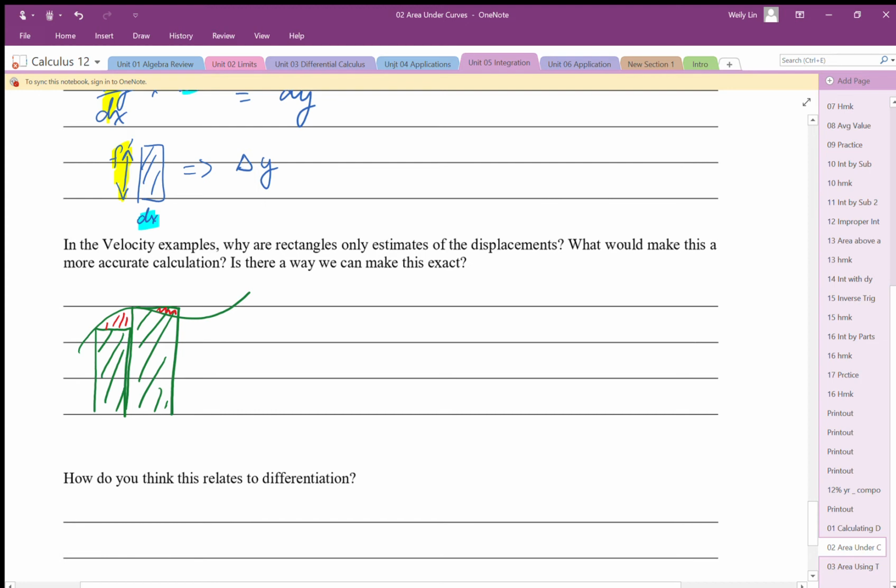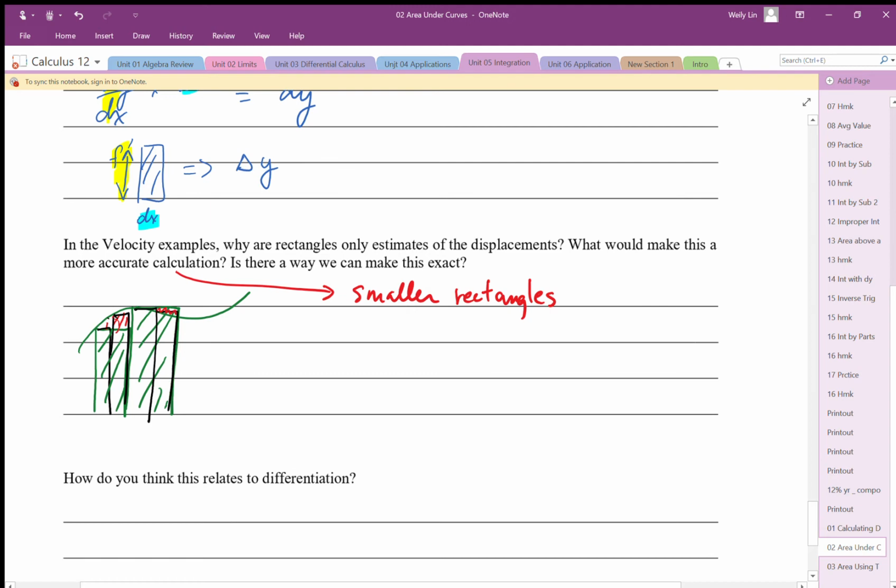But what would make this a more accurate calculation? Smaller rectangles. That's a big idea. If I make these rectangles smaller, the area difference changes.